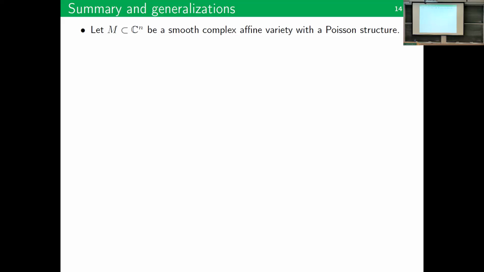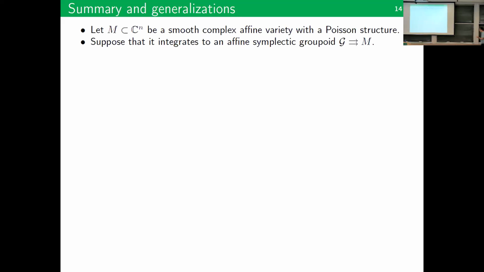It can be any smooth complex affine variety with a Poisson structure, and suppose that it integrates to an affine symplectic groupoid. Just like a Lie algebra integrates to a Lie group, there's this theory of integration of Poisson manifolds to Lie groupoids with a symplectic structure on it. And we're supposing that this integration exists.